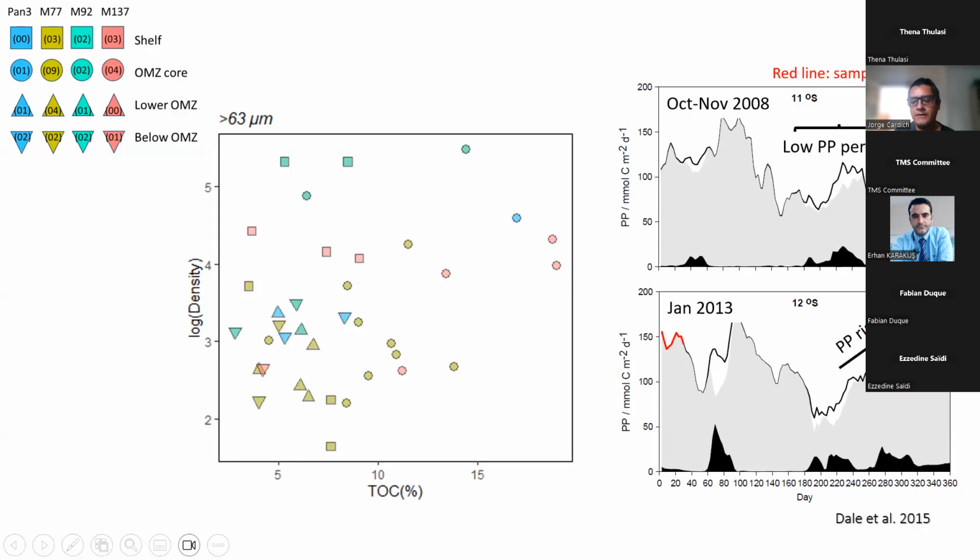And if we compare it to M92, January 2013, here in red, before that, we have the productivity rising through many months of the year. So in 2012, there was a very steep rising trend of productivity, and that could help to explain the differences in the standing stocks of foraminifera.